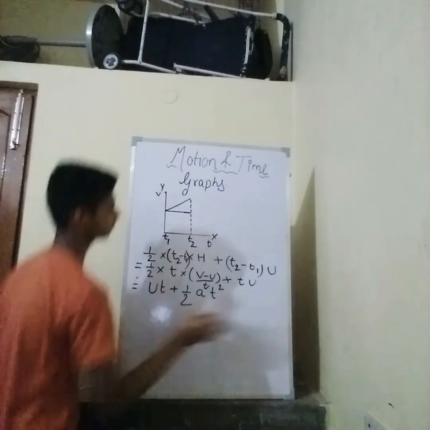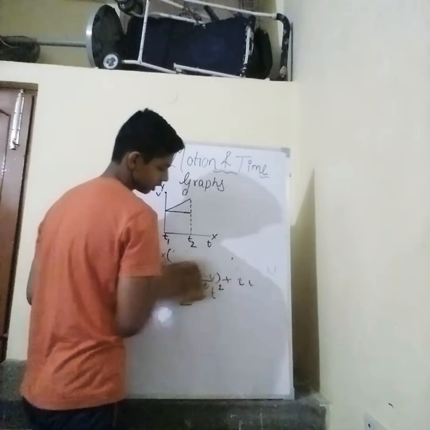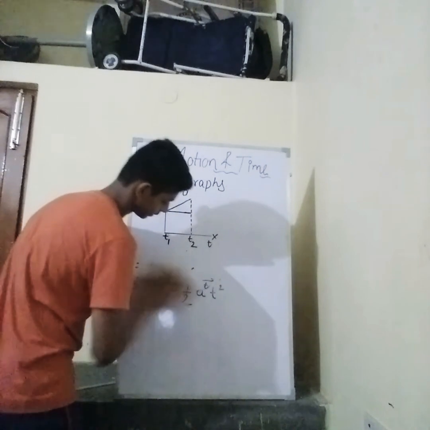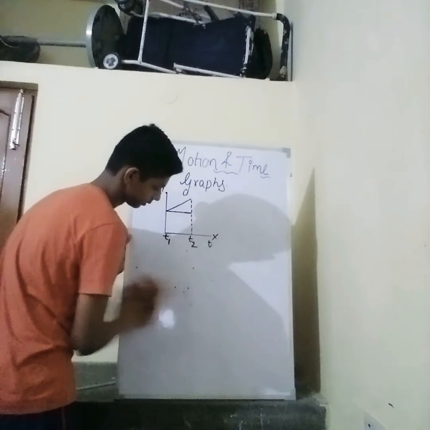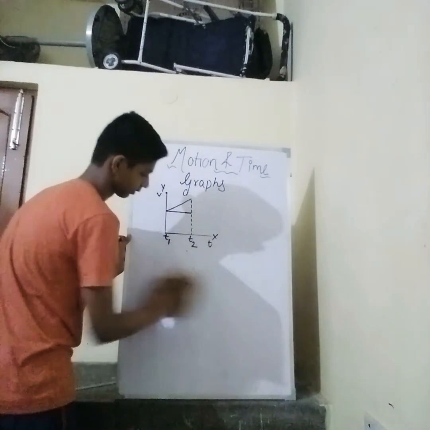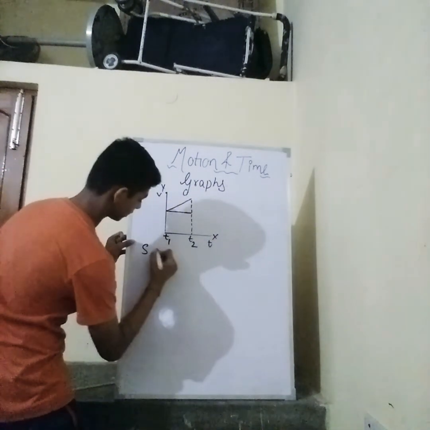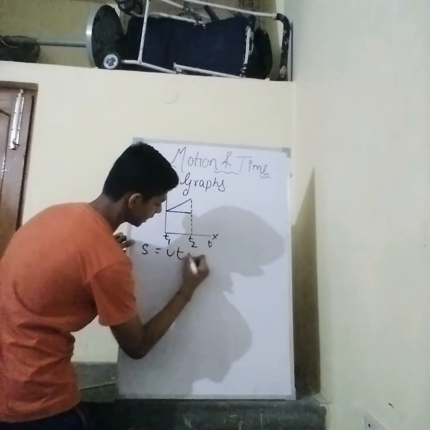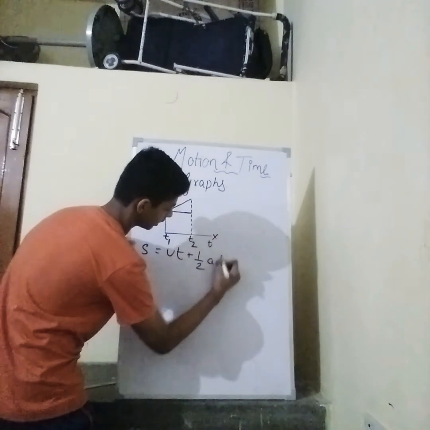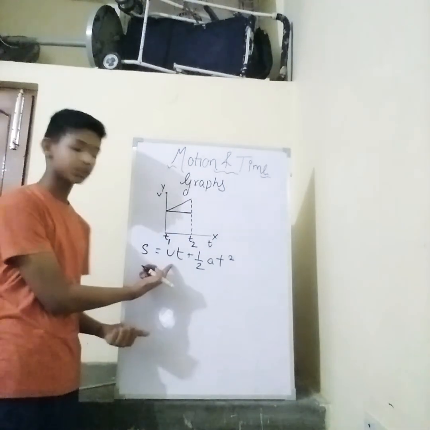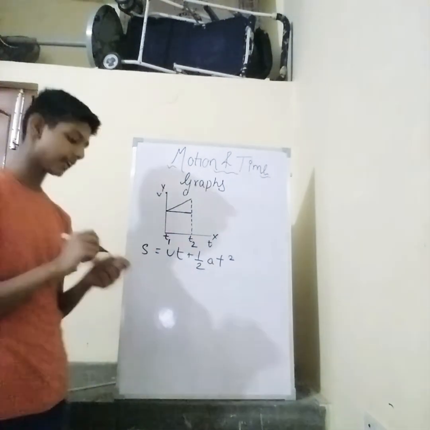So we have explained it. I am writing it: ut plus half at square. This is our second equation of motion and time, which we have explained earlier.